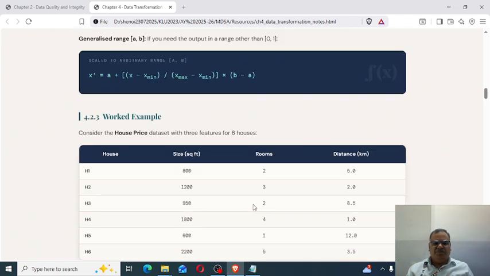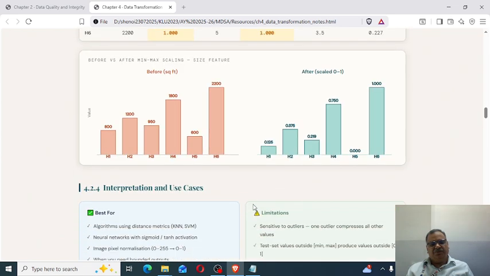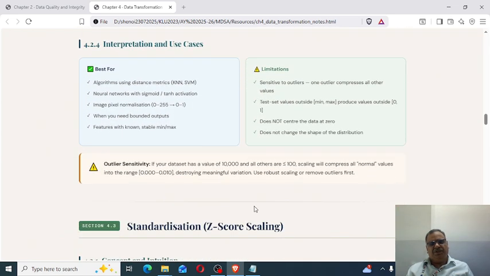We need to multiply that ratio. Okay, so the interpretation is that when we are using min-max scaling, as we have seen, wherever distance metrics are used, it is helpful for us when the norms are in a similar form.